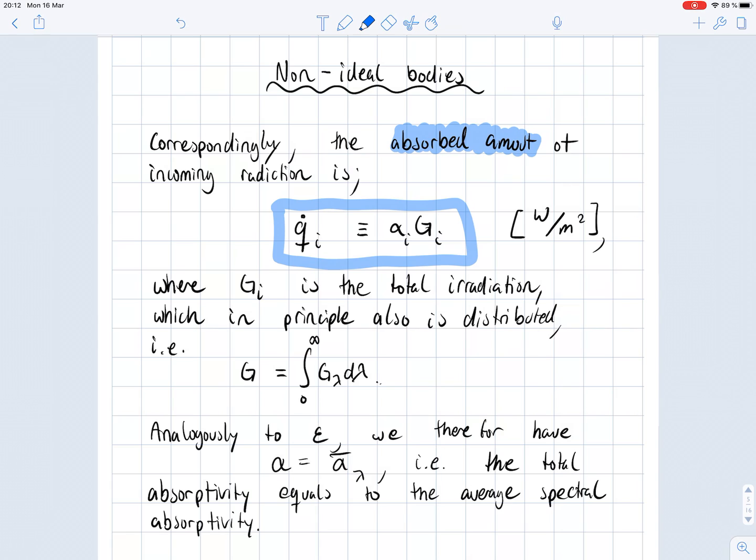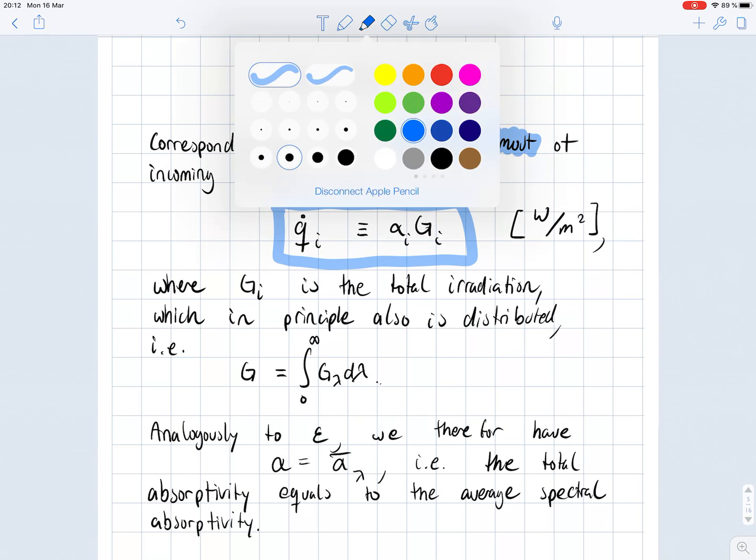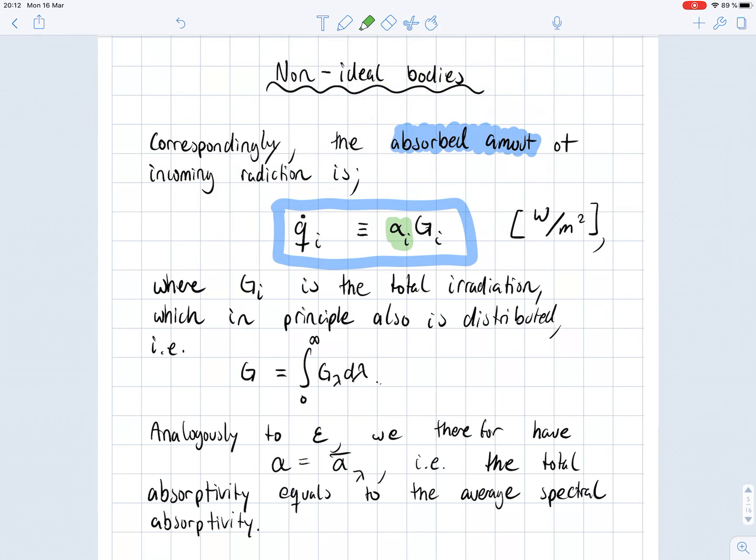The actual flux which is absorbed is the absorptivity of the surface, alpha, multiplied with the irradiation, G_i, which is the total incoming radiation.